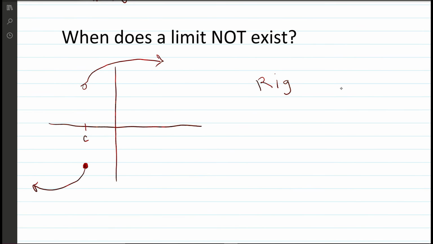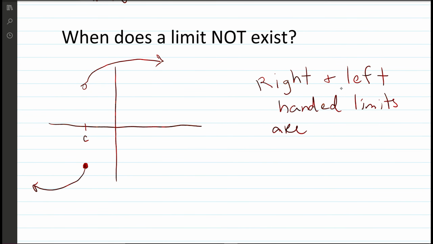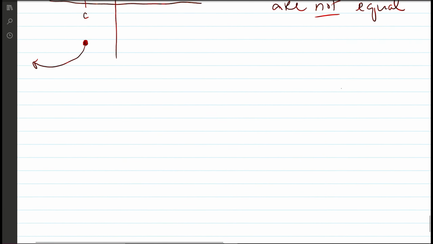So you can plainly see that the right and left-handed limits are not equal. So here's where a limit does not exist, when the right and left-handed limits are not equal.